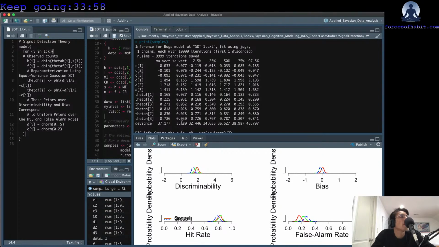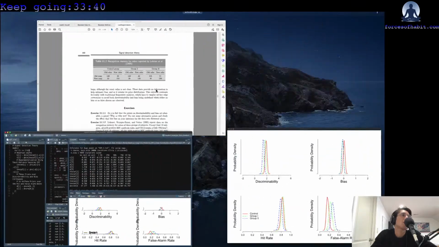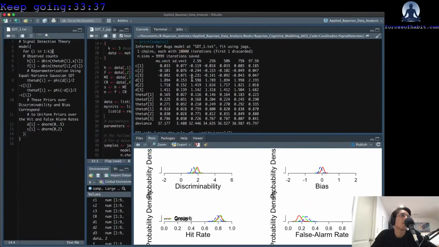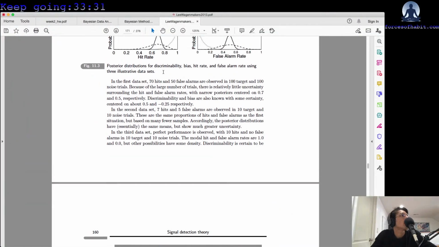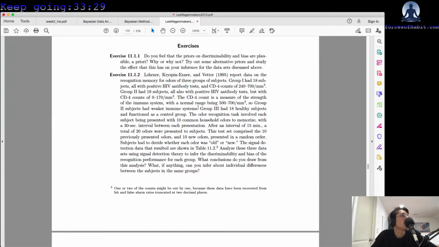Discrimination, though, it looks like more discriminability in data set 1, which is the control one, and then less discriminability between odors in the 2 data sets that are subjects, right? That are subjects with HIV or something. Was it HIV? HIV antibody, but something wrong with, but we're talking about weakened smell, something like that.